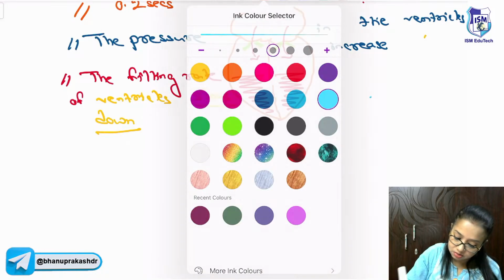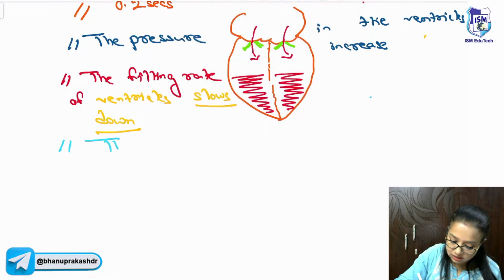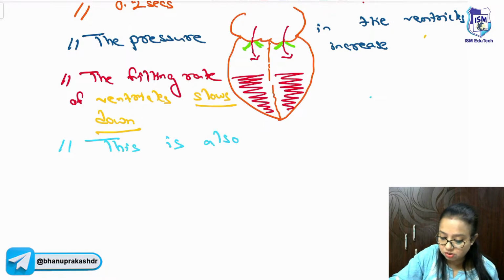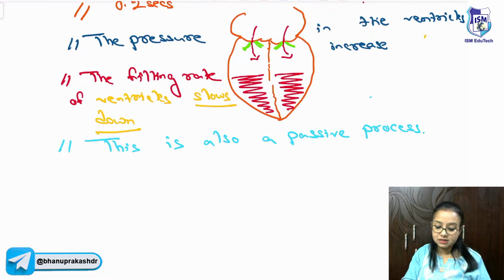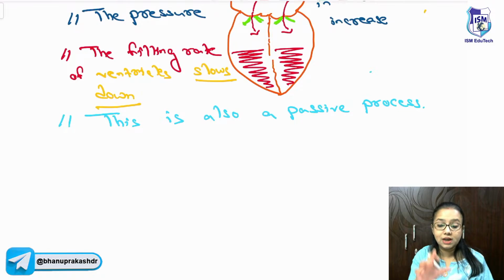Now, this is also a passive process, right? So both the rapid filling and the slow filling are passive processes.